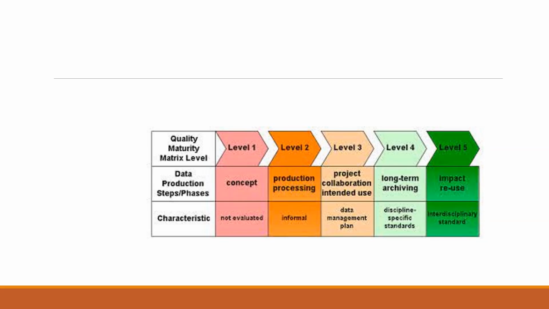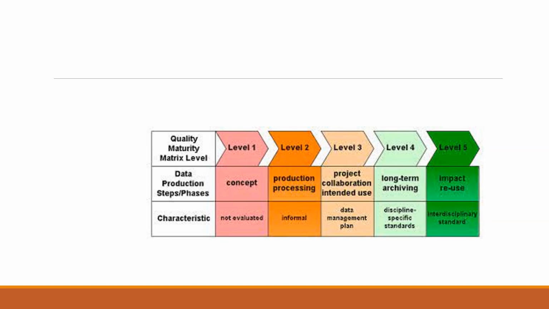Now there are different levels available in the quality maturity grid, or we call it a matrix. For example, level 1 talks about the concept, level 2 talks about production processing, level 3 talks about project collaboration, level 4 the long term achievement, and level 5 talks about reuse of the product, so impact on the environment.